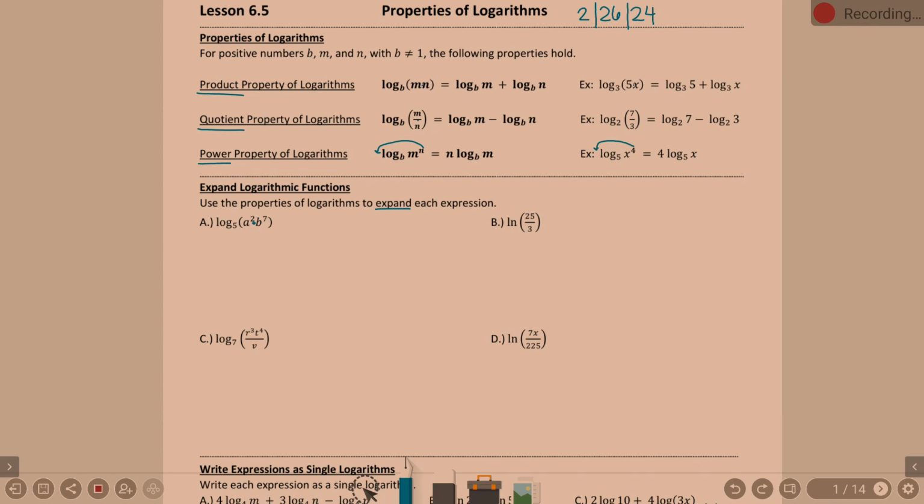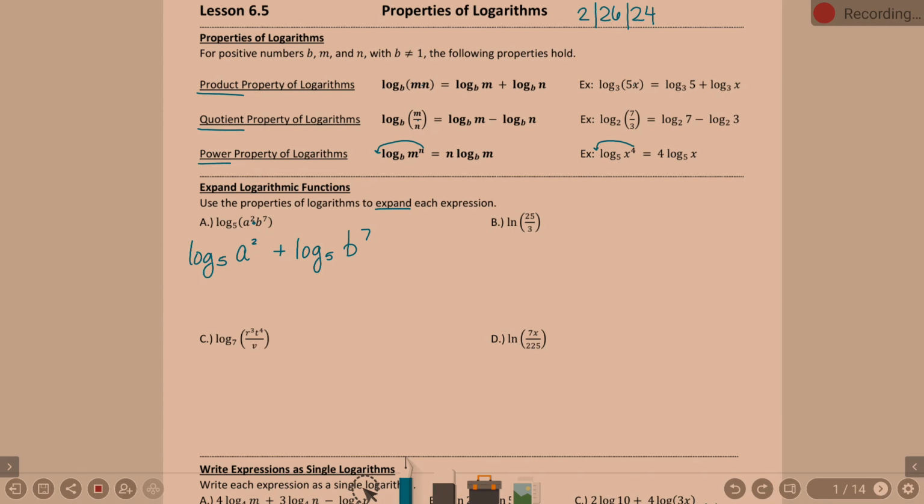So that's the first thing we're going to do, is rewrite this as log base 5 of a to the 2nd plus log base 5 of b to the 7th. So we took that multiplication within and expanded it to be the addition of 2 logs.